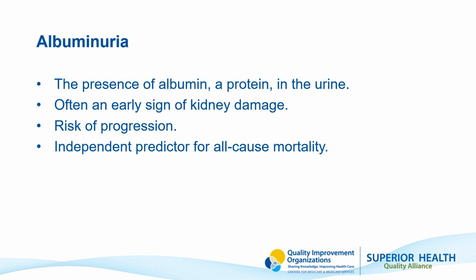Albuminuria. The presence of albumin, a protein, in the urine is considered albuminuria, often an early sign of kidney damage. It speaks to risk of progression. The greater the albuminuria, the greater the progression of chronic kidney disease. It is an independent predictor for all-cause mortality.